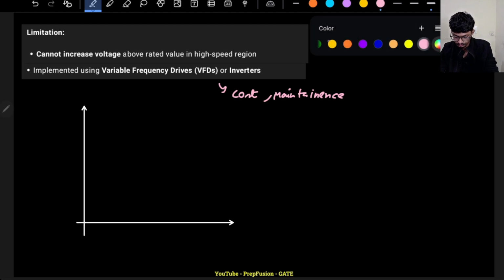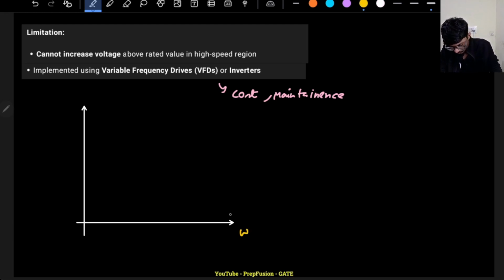So this is my omega, and above base speed, what is happening? Either it is torque or power. So torque, let me do it with yellow, and power, let me do it with orange.